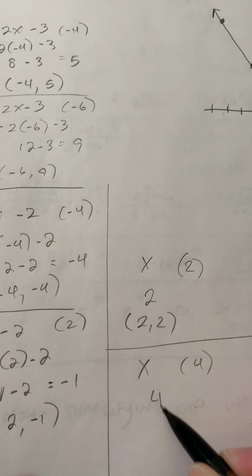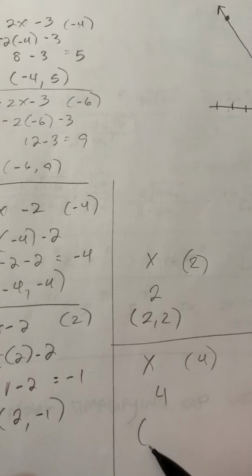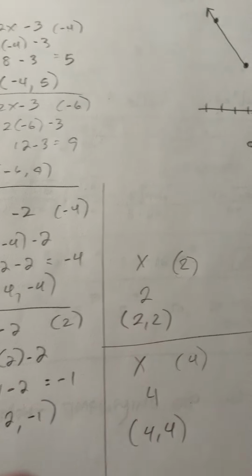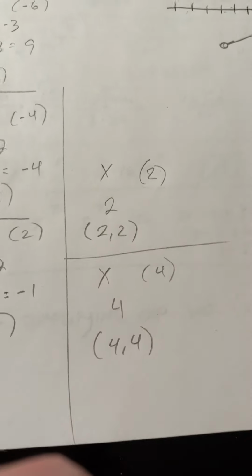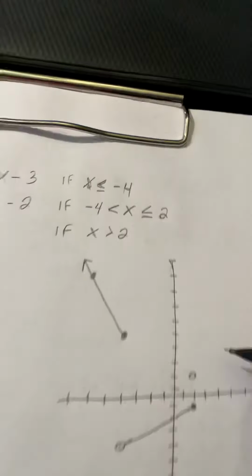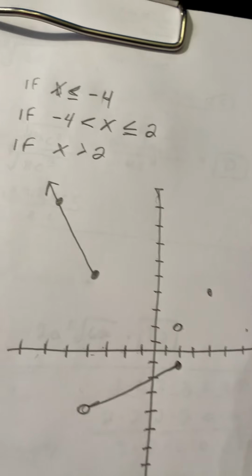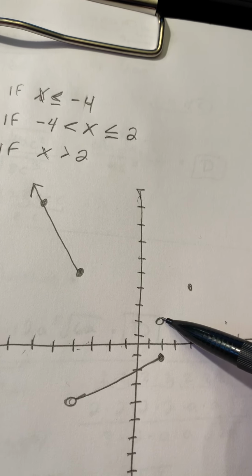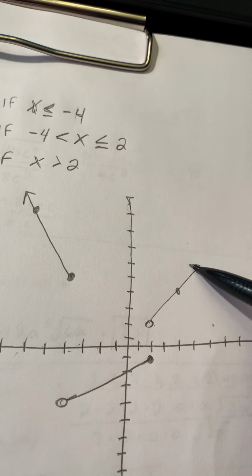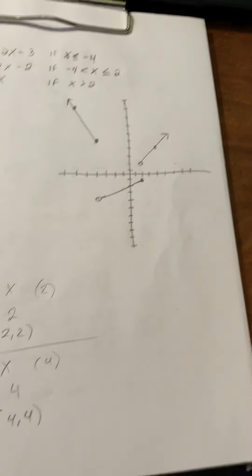Guess what? It's 4. Whatever x is, the output's going to be also. So if I go to 4, 4, and I put a dot there, I can start here and just go in that direction and put an arrowhead, and it's done.